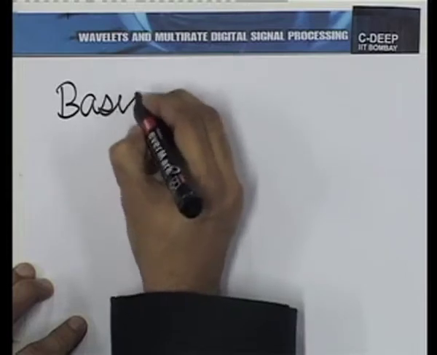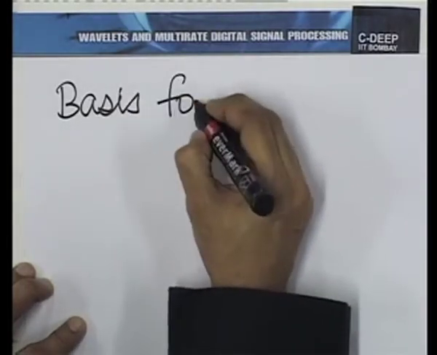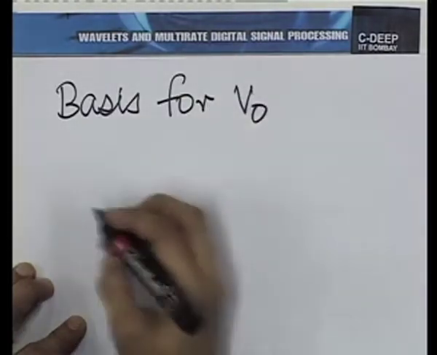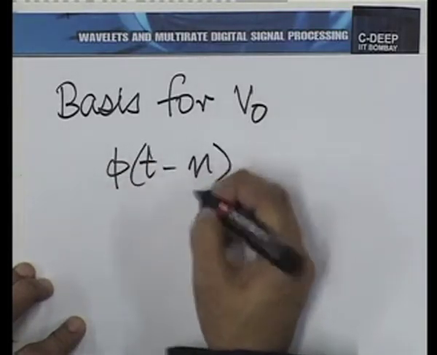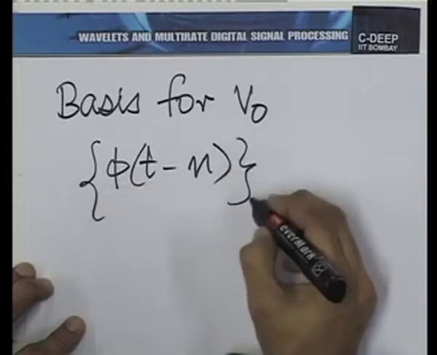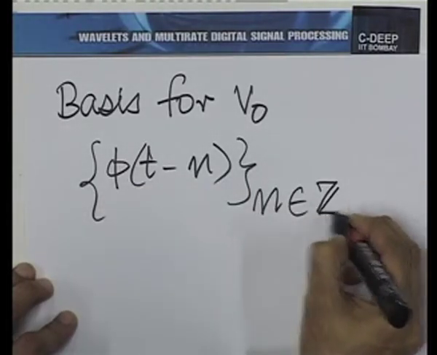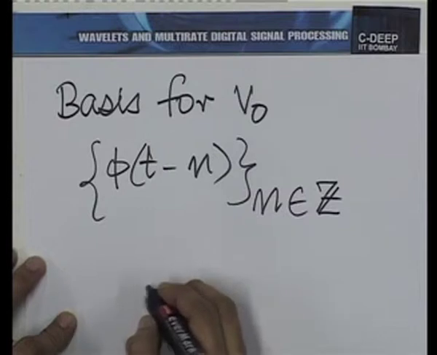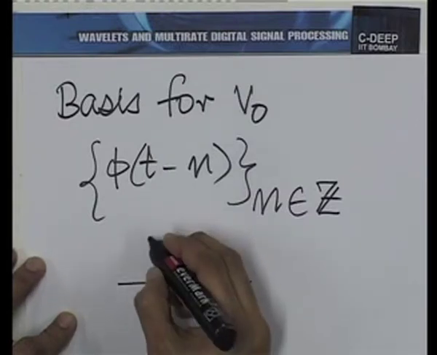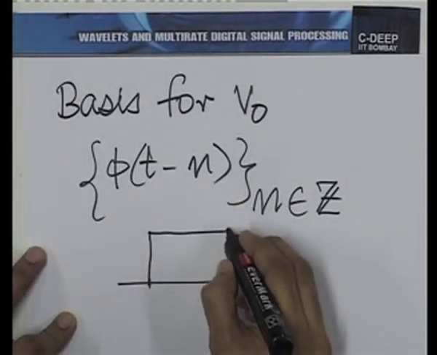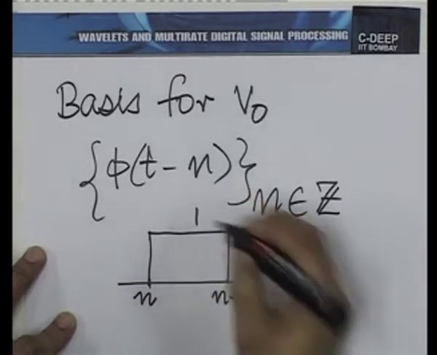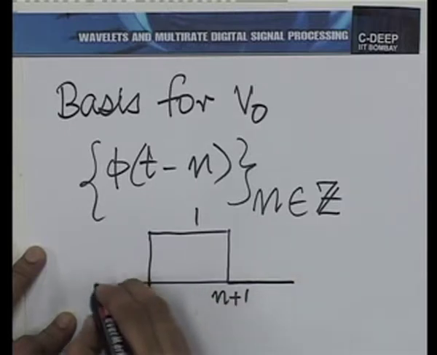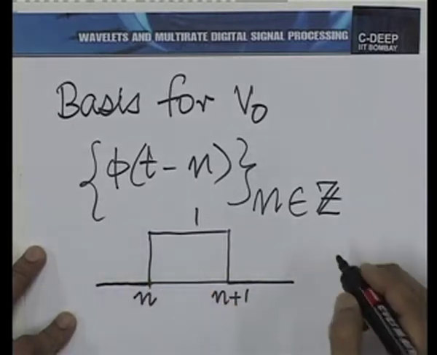We have the following standard basis for V0 given by phi of t minus n over all the integers, and let us sketch a typical phi of t minus n. It is 1 between n and n plus 1 and 0 everywhere else. This is how phi of t minus n looks.